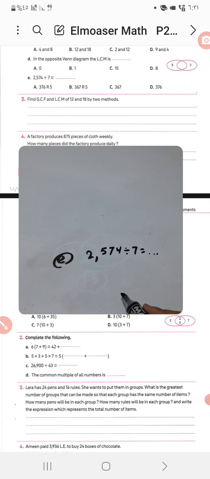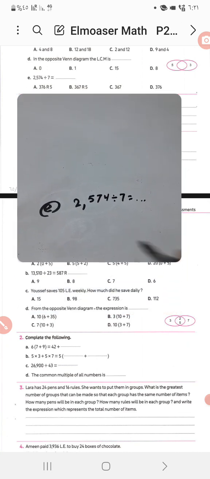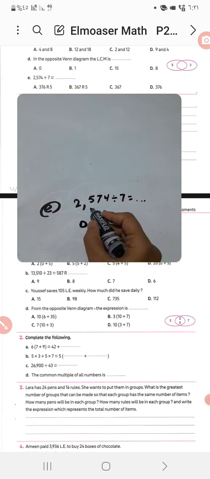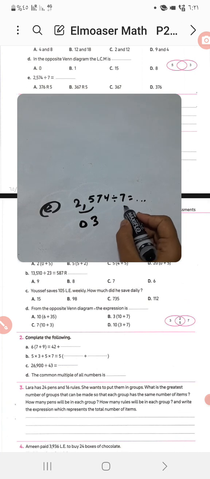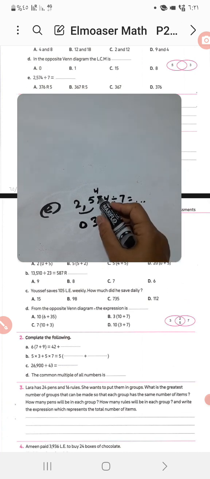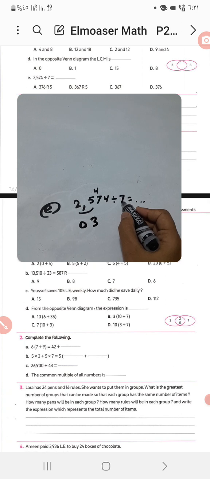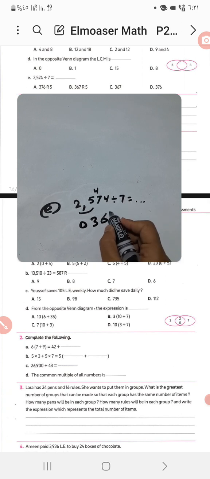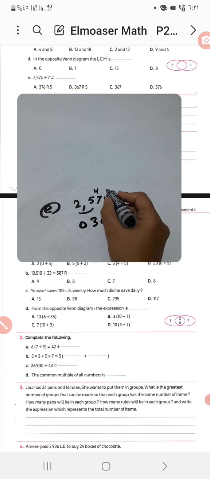We can solve this example from the left-hand side. Look with me at the steps. 2 divided by 7, we can't do it. 25 divided by 7 equals 3, 3 times 7 equals 21 and the remainder is 4. 47 divided by 7 equals what? We know 7 times 7 is 49, which is greater than 47. But we can choose 6 times 7. 6 times 7 equals 42 and the remainder is 5.